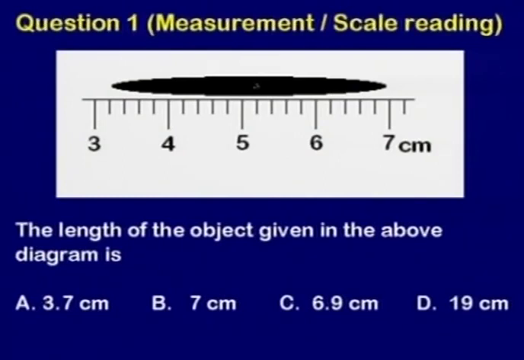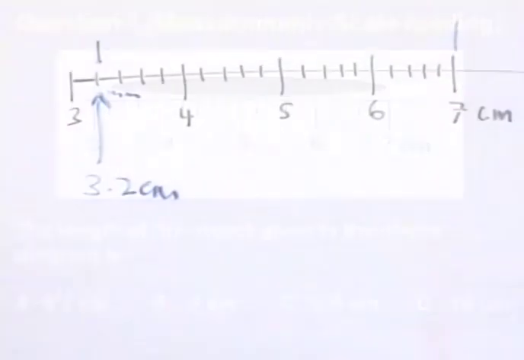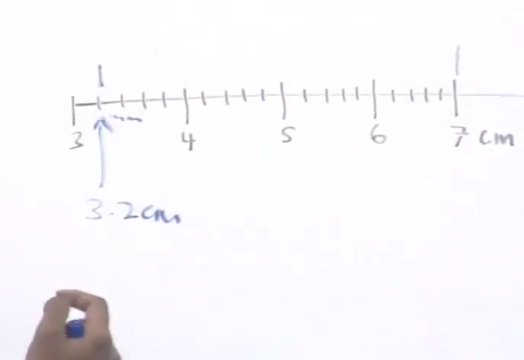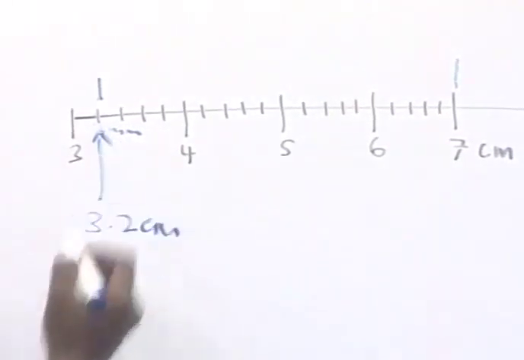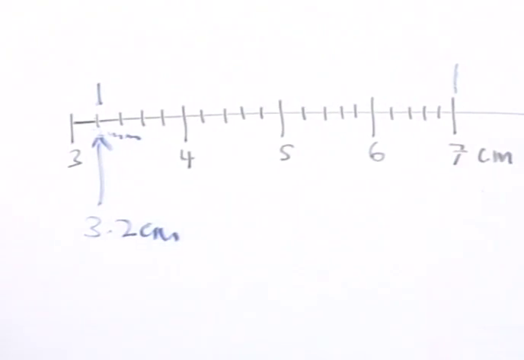So what do you think this is? So it will be 3.2 centimeter. But in this case, from ear to ear is 2 millimeters. So the divisions are in millimeters. One division will be equal to 2 millimeters.